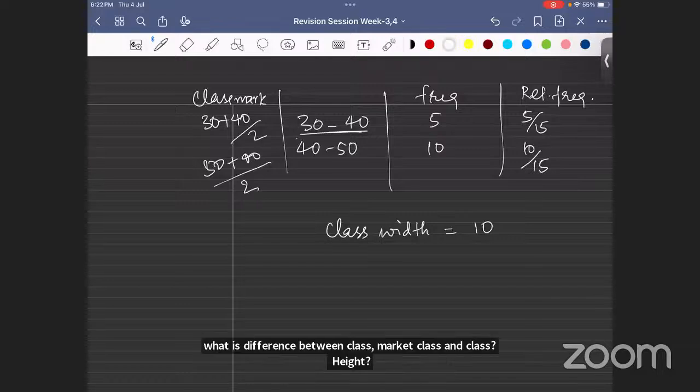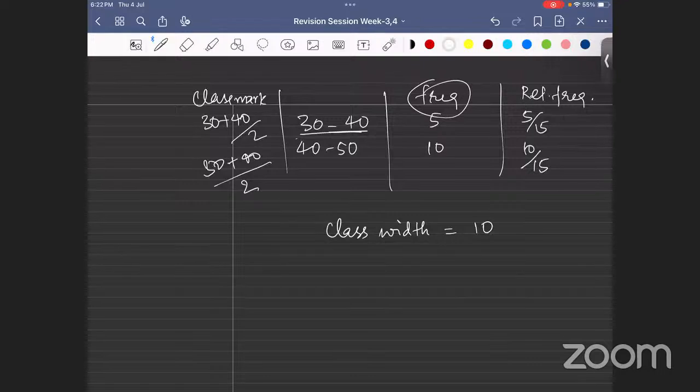If you're talking about the class height, I guess we are talking about the frequency, the number of values that are present between 30 to 40, right? No, sir, that is frequency.